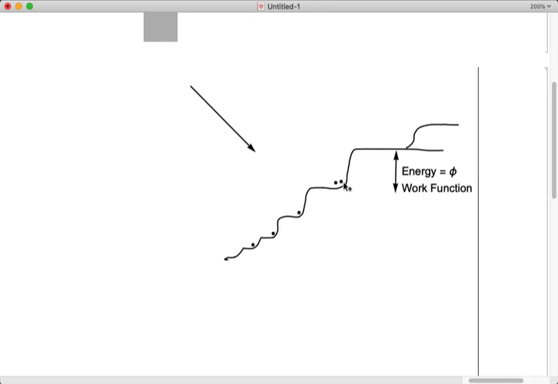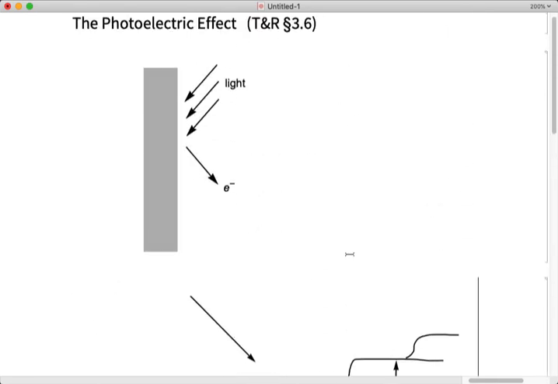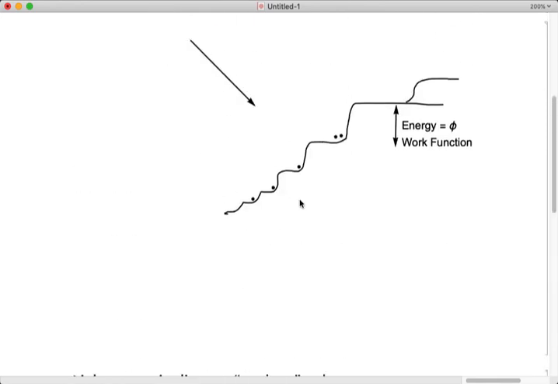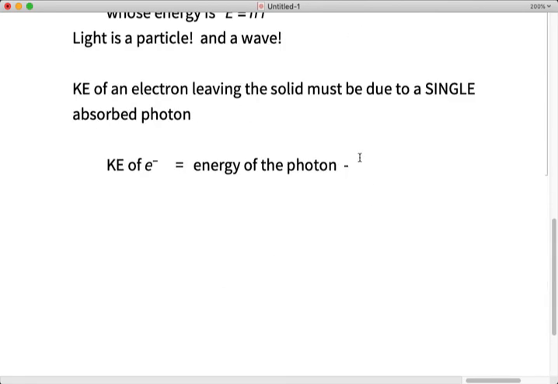So for instance, sodium has a particular work function, and it's just a number, and it's an energy, so many electron volts, say. And so that tells you how much energy is required to take it from this least bound state to being free, right? So the total kinetic energy of the electron after it leaves the solid is the total energy that was absorbed minus the energy that it took to get it out of the metal itself.